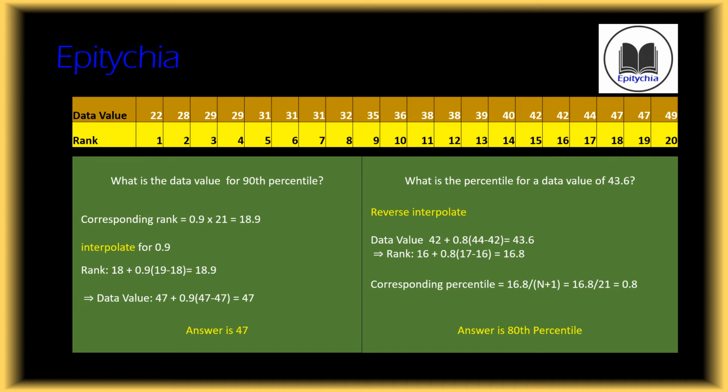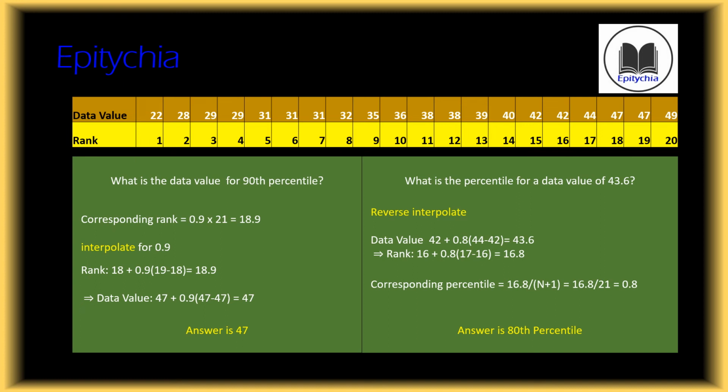Now we have to interpolate for this value. 18.9 falls in between 18 and 19. The corresponding data values are 47 and 47. Both are the same. So how to do the interpolation? Rank 18 plus 0.9 into 19 minus 18 gives 18.9.